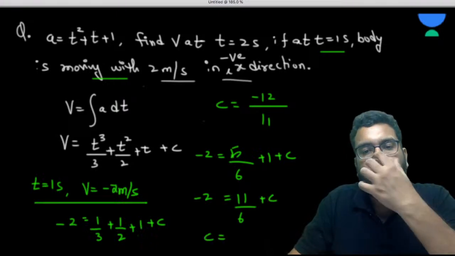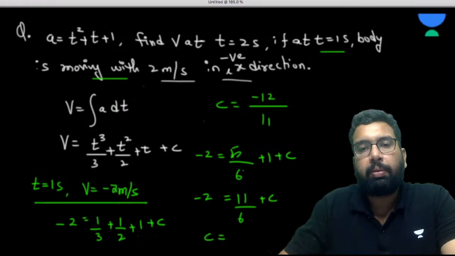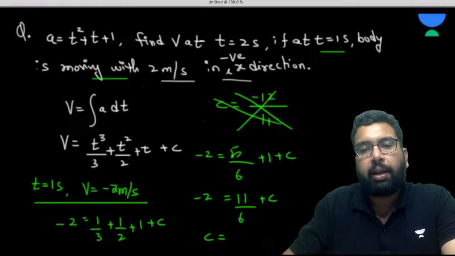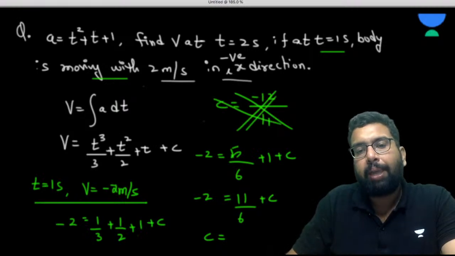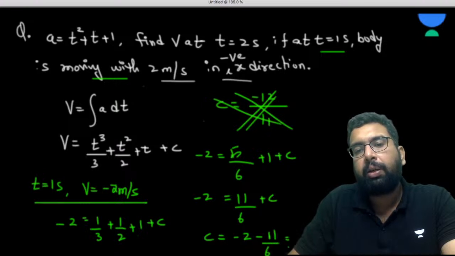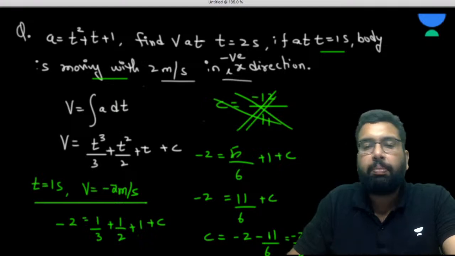So c is going to be equal to, sorry, my mistake, minus 2 and minus 11 by 6. So it is going to be minus 12 and minus 11, that is minus 23 by 6.